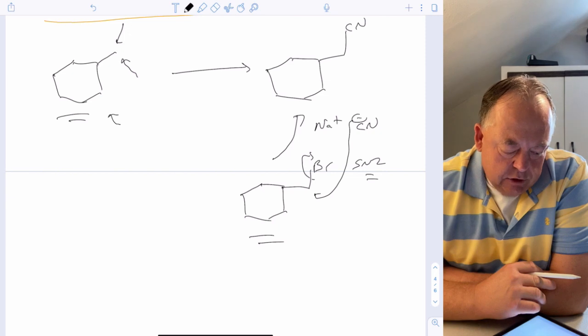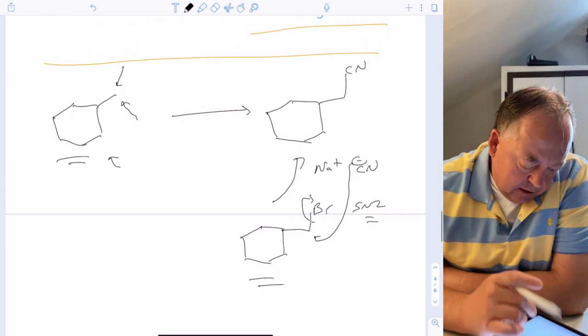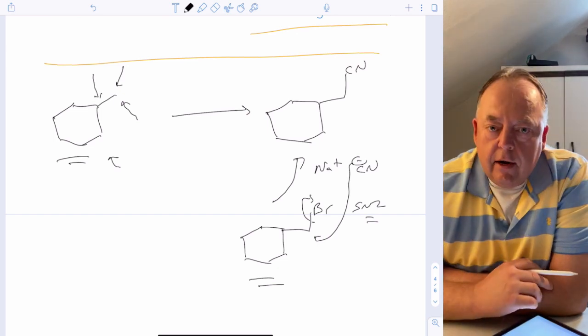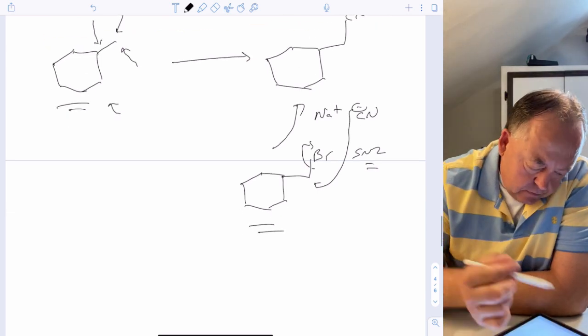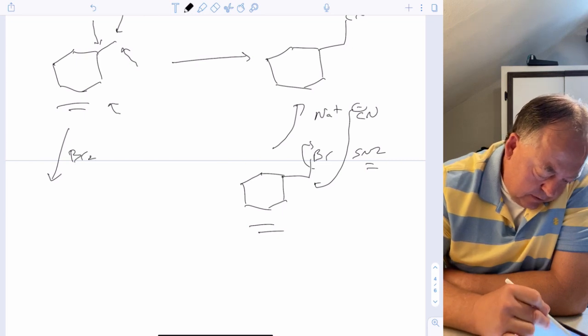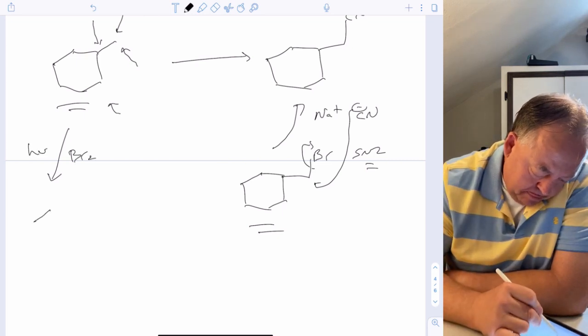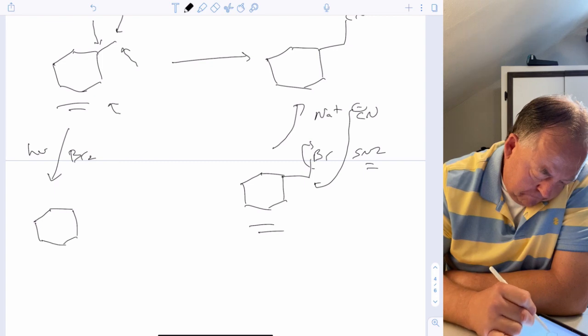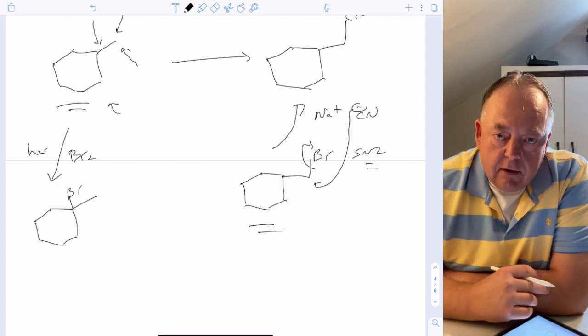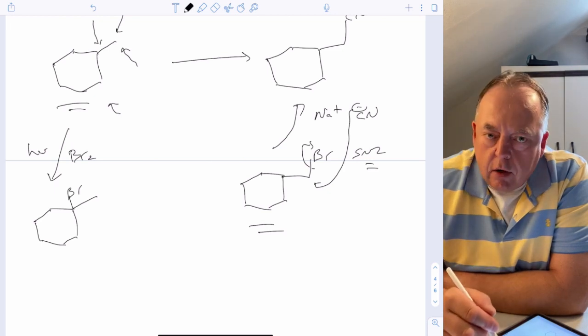And the answer is no, we have not. Because if you take this starting material and put a bromine on, it would want to go there, tertiary, right? So we could have done this. So we could have put the bromine there, but how are we going to get it on the other carbon?